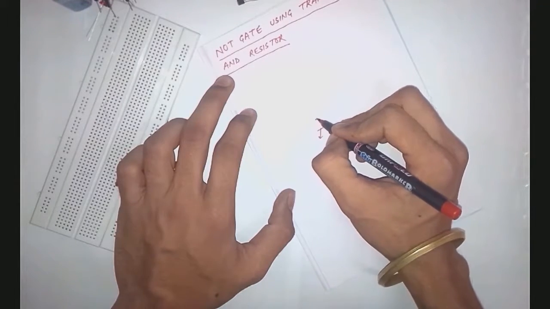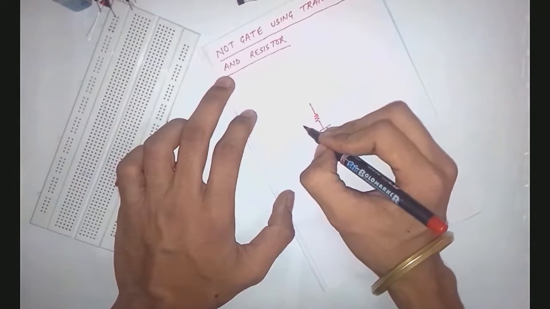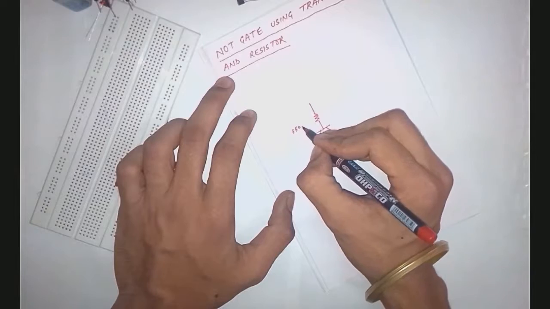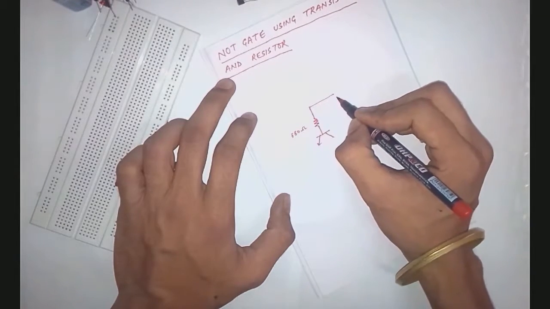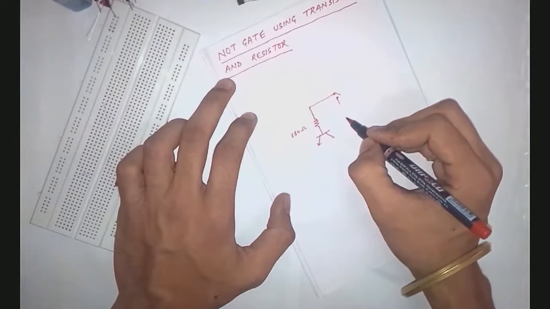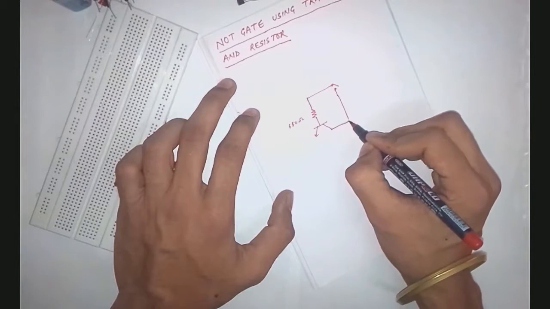On the base we will draw a resistance of 550 ohm. Here is a switch to give the 1 and 0 configuration to the circuit.